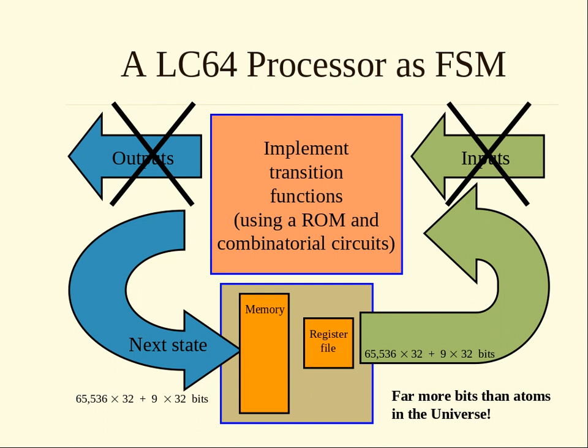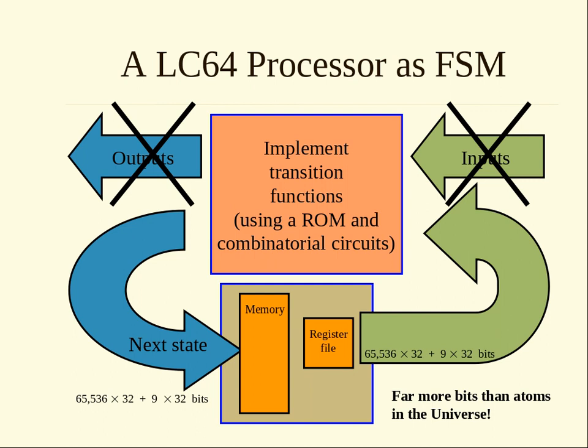But if we wanted to create our own processor as a finite state machine, the LC64 has 64 kilowords, or in other words, 2 to the 16 times 32 plus some extra inputs, which if you multiply all that out, is more bits than atoms in the universe.